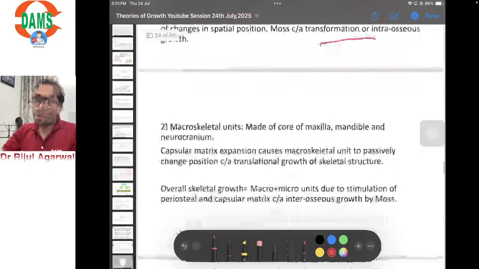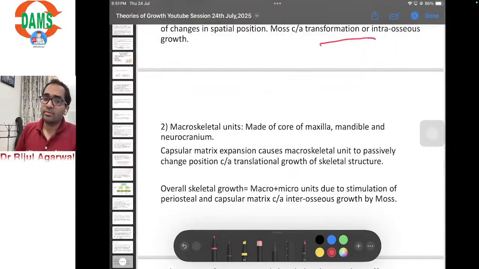Whereas when we talk about the role of the macroskeletal unit, the enlargement of the capsule tends to displace it or translates it from one position to another, like the growth of the neurocranial capsule. What it will do is push the orofacial capsule, the maxilla and the mandible, in the downward direction.